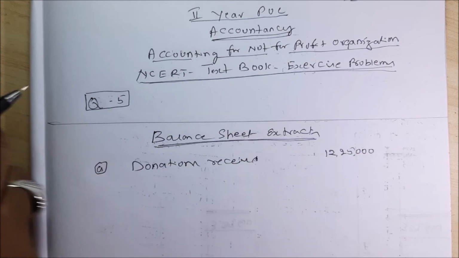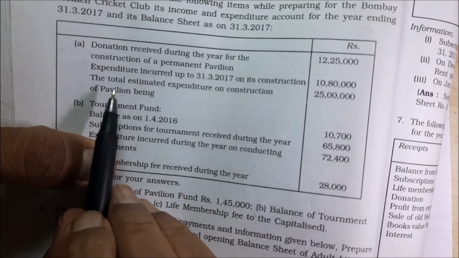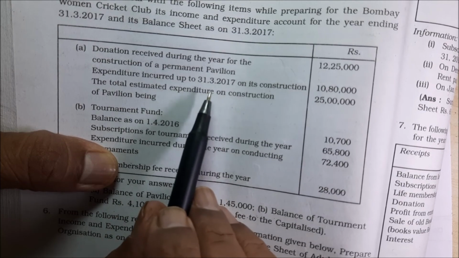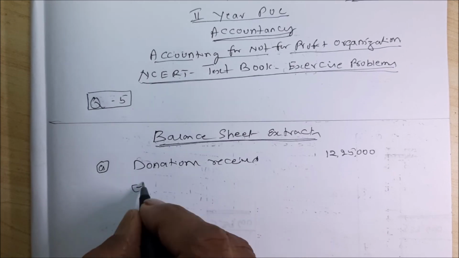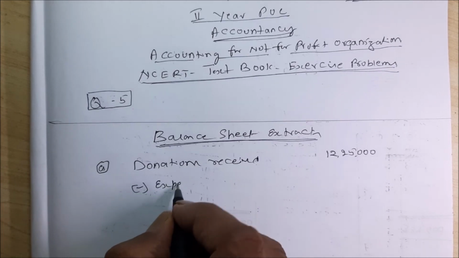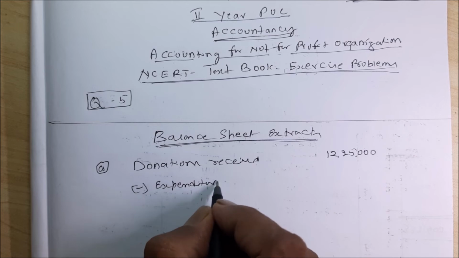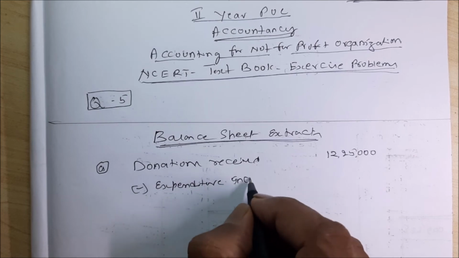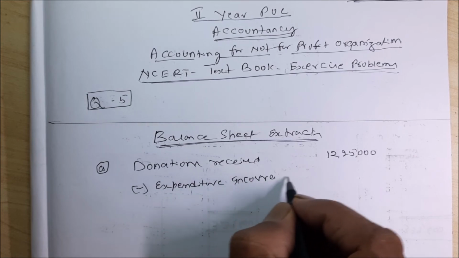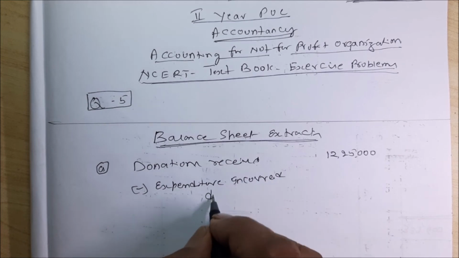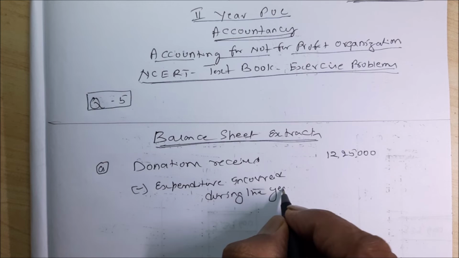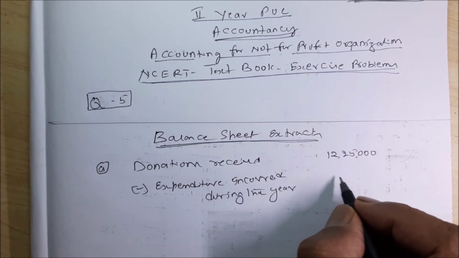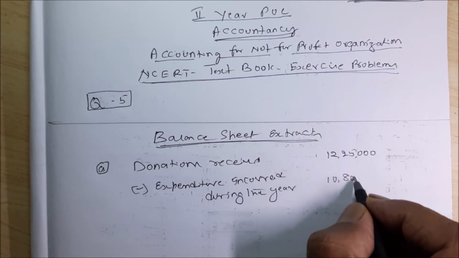Then expenditure incurred during the year, up to 31/3/2017 on its construction, 10,80,000, less expenditure incurred during the year 10,80,000.